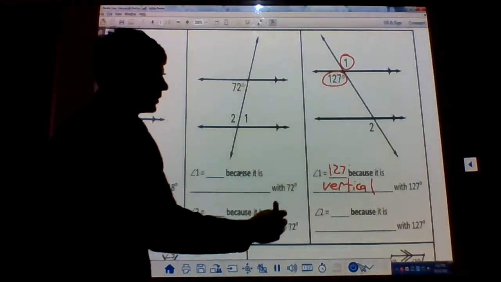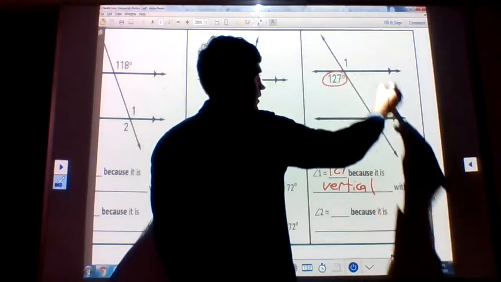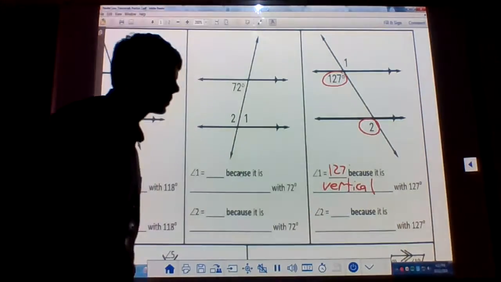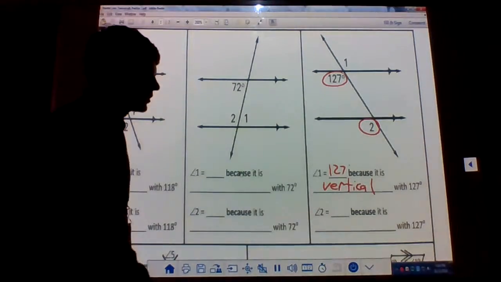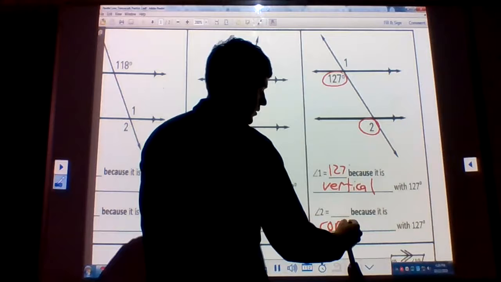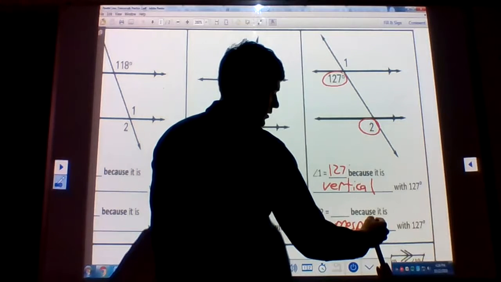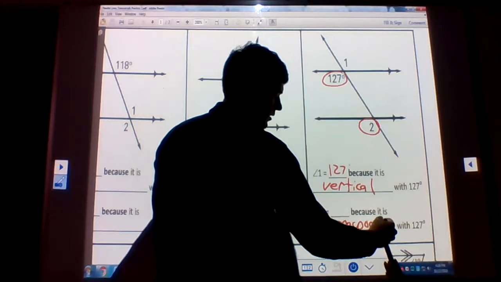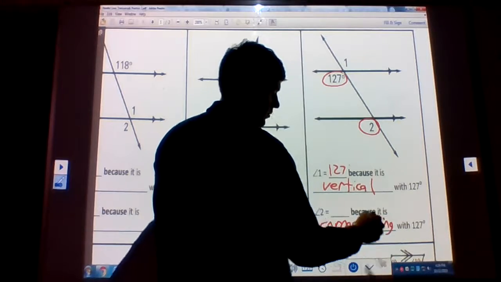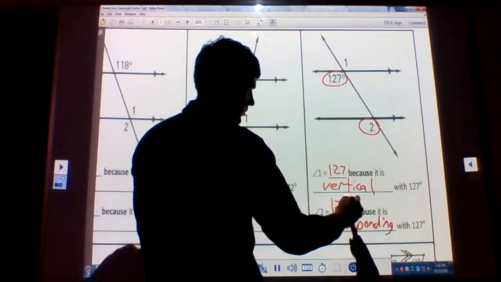Then we want to compare angle 2 and 127. Those are corresponding angles. They're in corresponding locations. And we know corresponding angles are congruent when the lines are parallel, so this will also be 127.